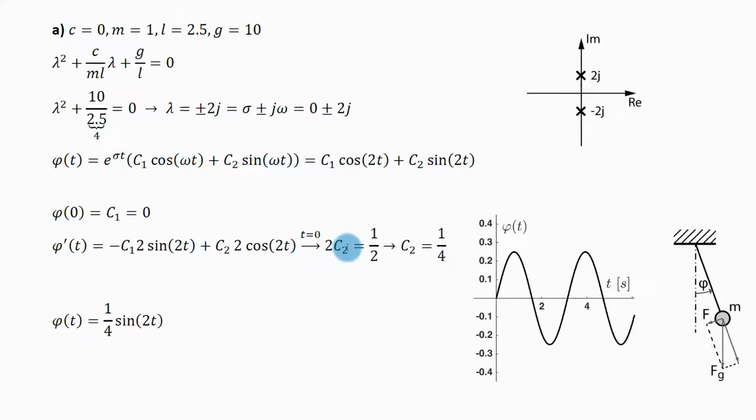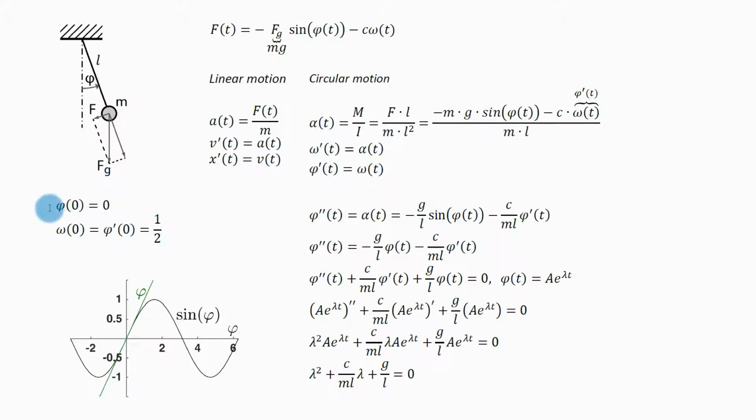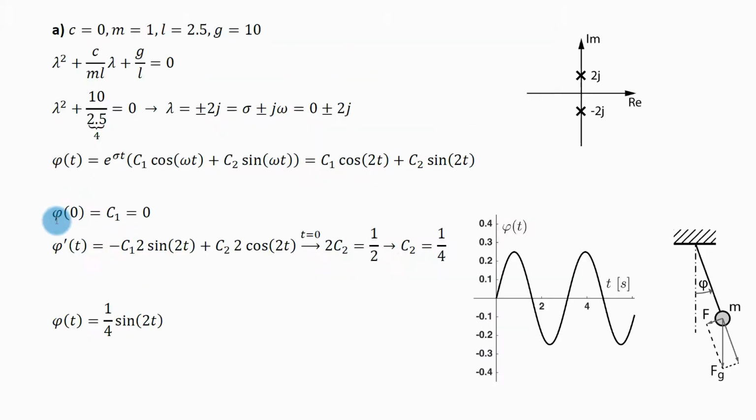And as per that initial condition, this is supposed to be equal to 1/2, from where I can get that my coefficient C2 is 1/4. So I take these two coefficients, substitute them into the general solution, and that will give me this particular solution.